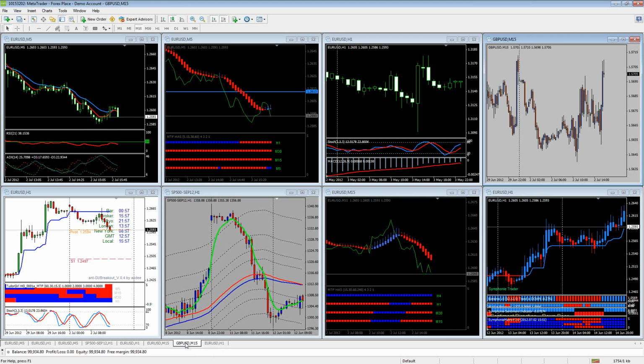But as simple as it may sound, it may look more complicated to you because it doesn't feed you with all these colors and all these special indicators that show you, okay, if everything is blue, go long.